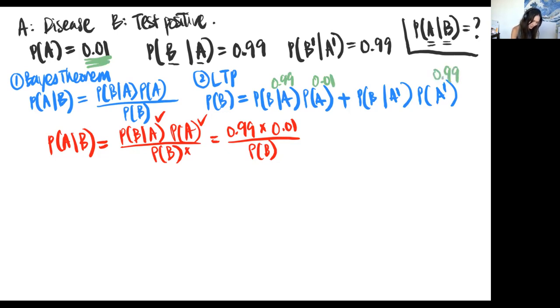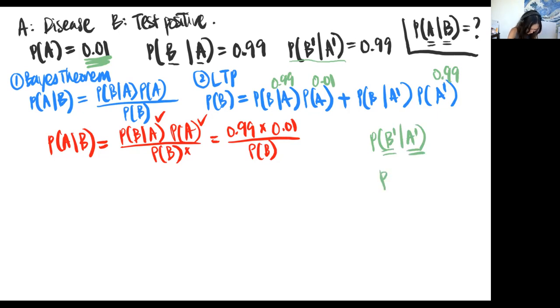Then we have this last one over here, probability of B given A complement, which we don't currently have. We have B complement given A complement. I know there's a lot of thinking going on here, but another thing to remember is that the probability of B complement given A complement is basically what proportion of A complement is B complement.